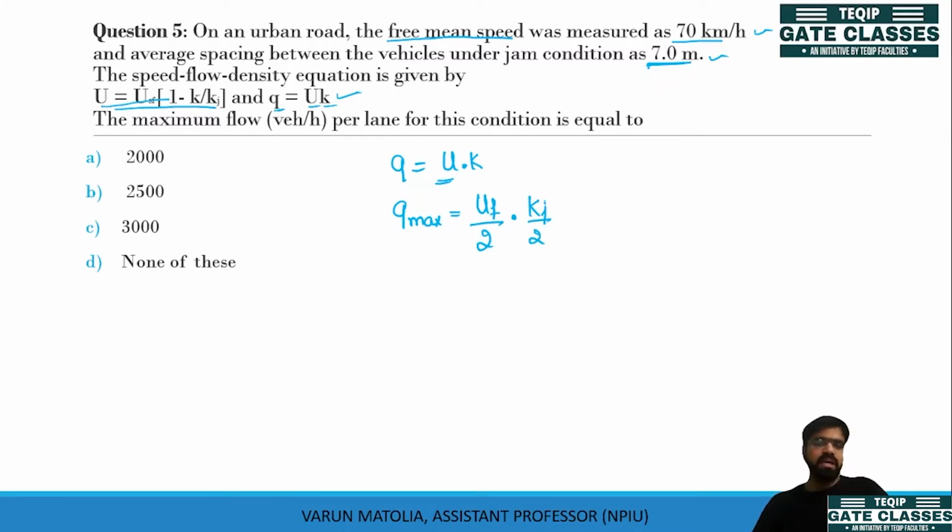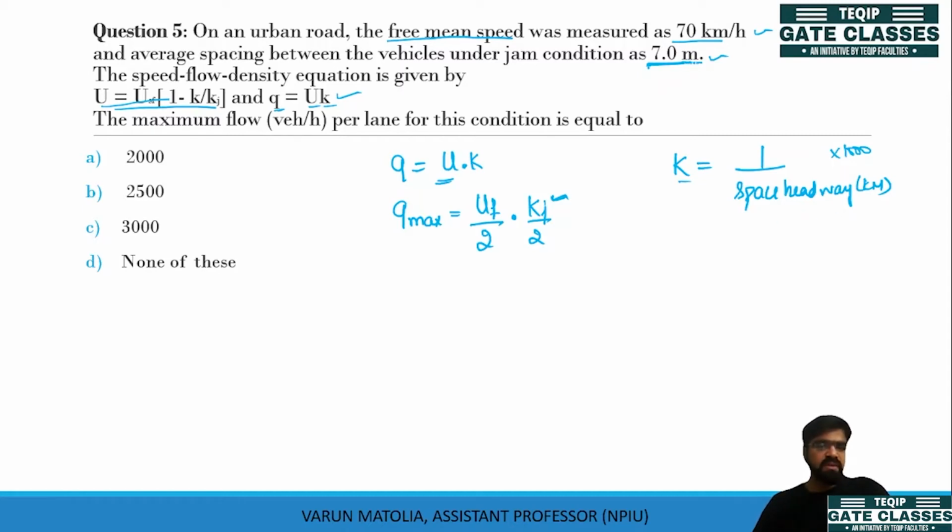In order to calculate this Kj, we can calculate K as 1 divided by space headway. Space headway, if it is in kilometers, we need not change it. If it is in meters, we will multiply by 1000 in the numerator so that the denominator is changed to kilometers.